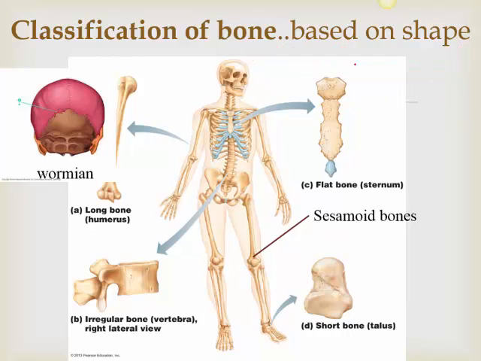Then another name we give is irregular bones, where the bone has no shape that you can call long, short or flat, so you call it irregular. The vertebrae are good examples of irregular bones. You can also have the entire hip bone, because the whole entire hip bone is also irregular.